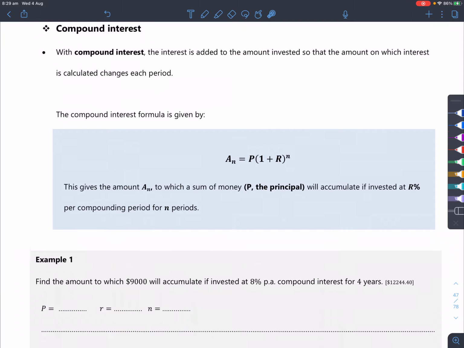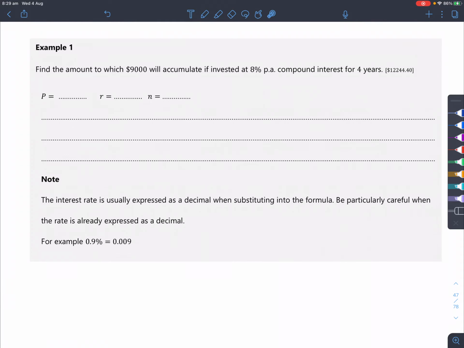Say, for example, if you had $9,000, what would it accumulate to if invested at 8% per annum compound interest for 4 years? So P is 9,000, the rate is going to be 8%, so it's 0.08, and then N is 4 years.